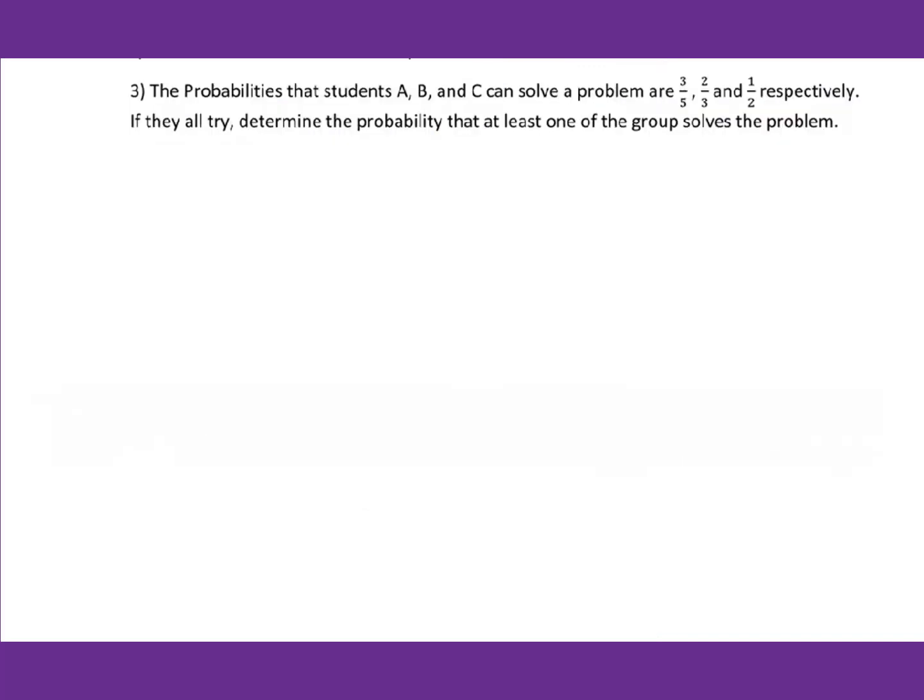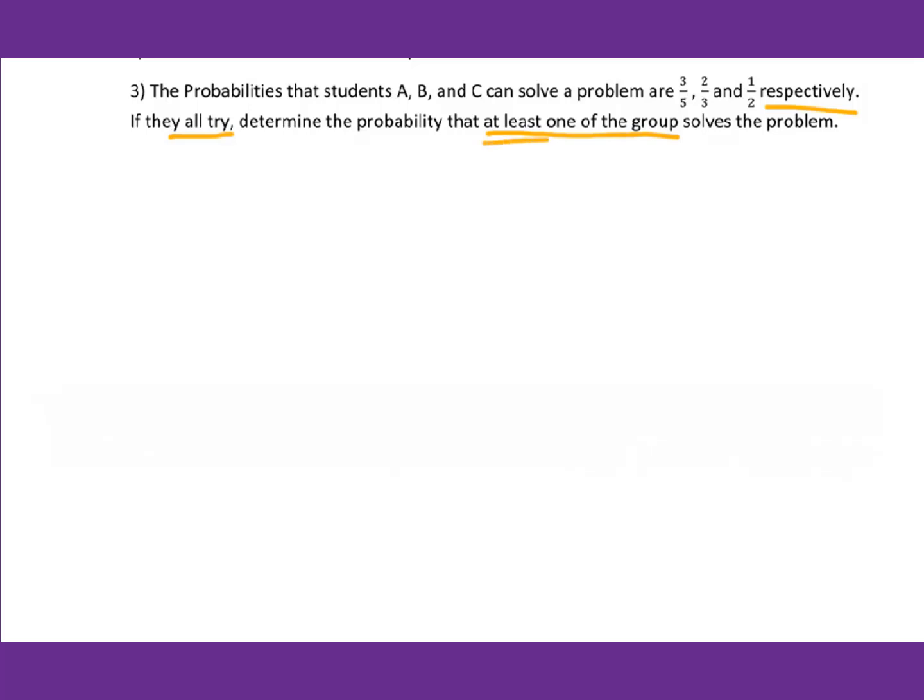Let's go to number 3. The probabilities that students A, B, and C can solve a problem are 3 over 5, 2 over 3, and 1 over 2 respectively. If they all try, determine the probability that at least one of the group solves the problem.